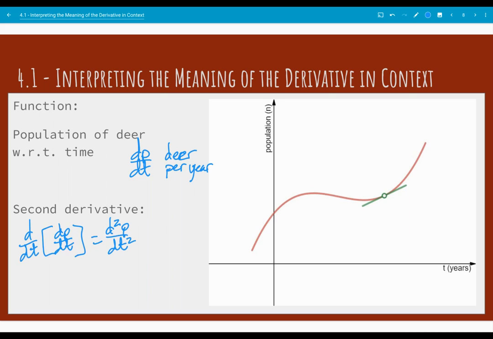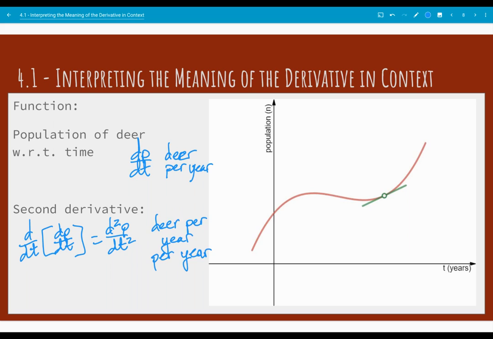So this is telling us how fast this quantity is changing with respect to time. So dp dt is deer per year. And then that's changing each year. So it's going to be deer per year per year.